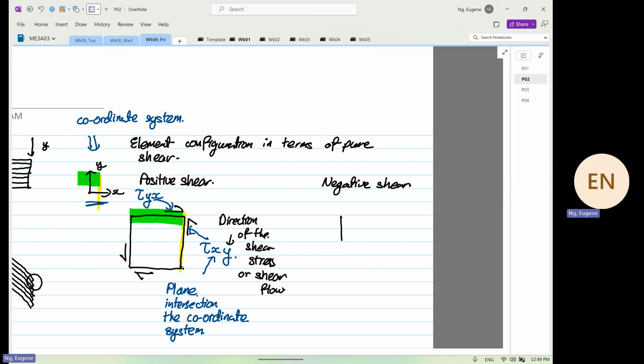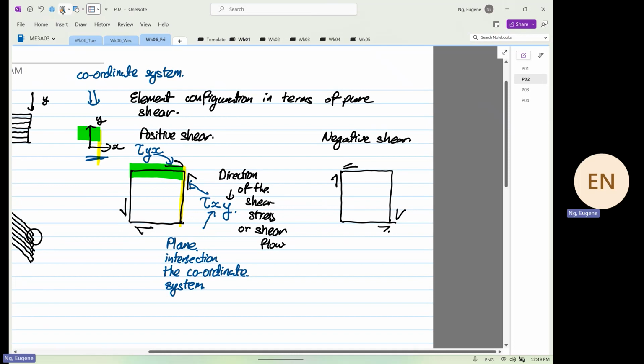So in negative shear, it looks like this. Okay. So now, what this has to do to the fracture surface?